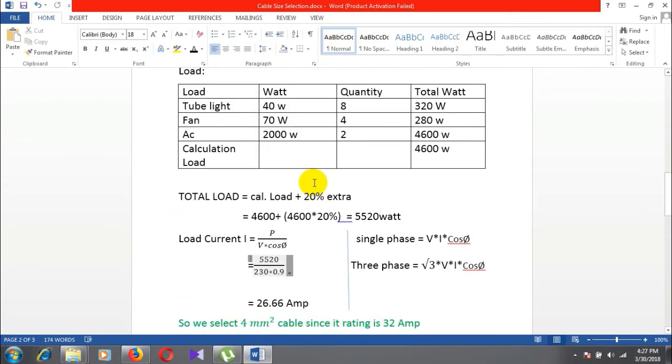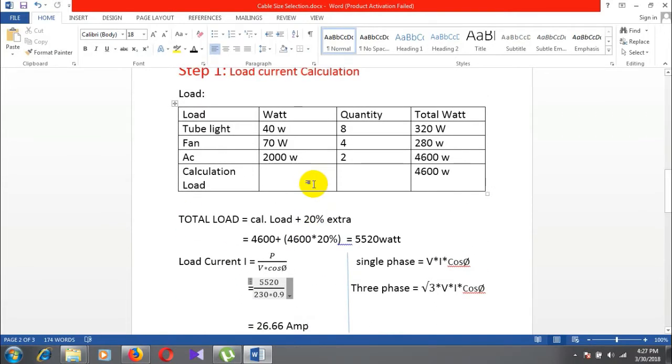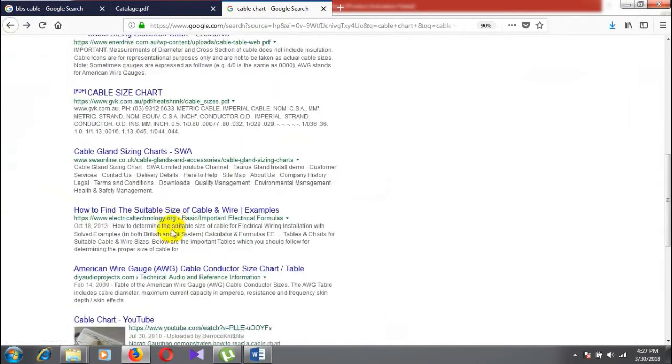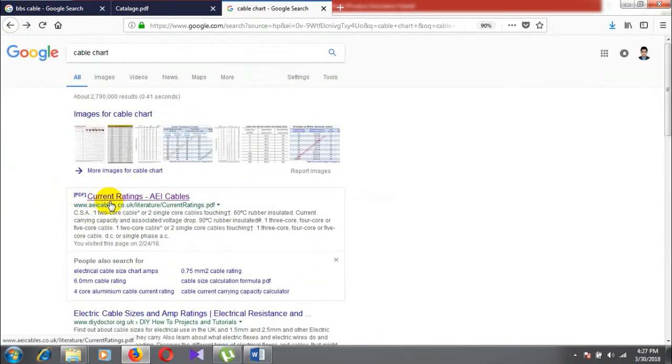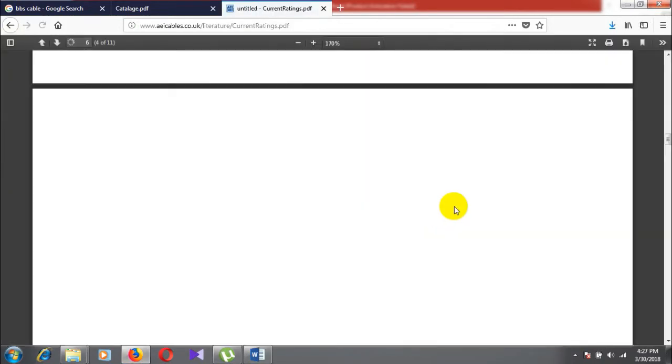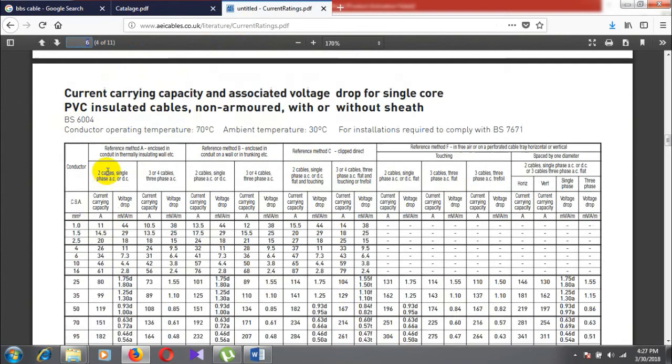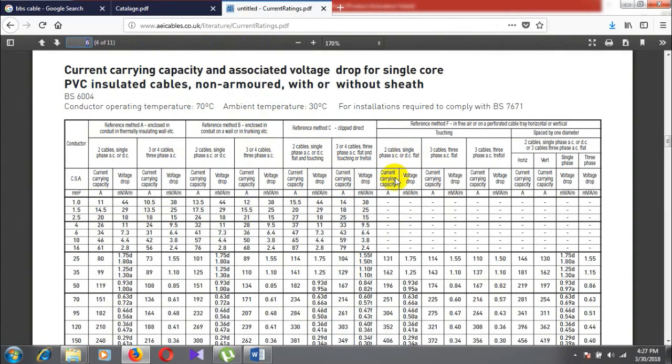So now we need a cable chart. You can get a cable chart by simply typing cable chart in Google, and there are so many cable charts. I open the first one. In this cable chart on page 6 you see that a cable chart is available.